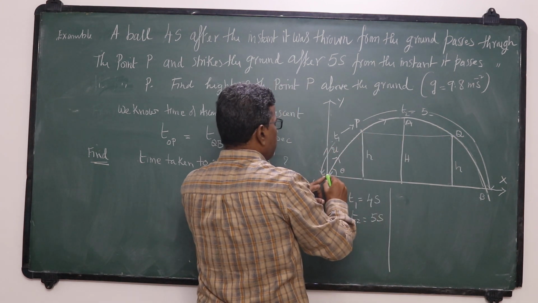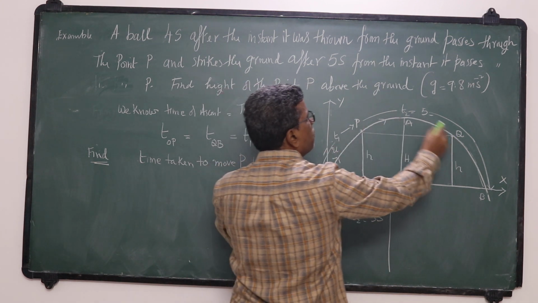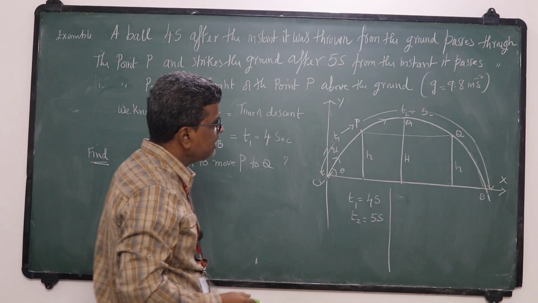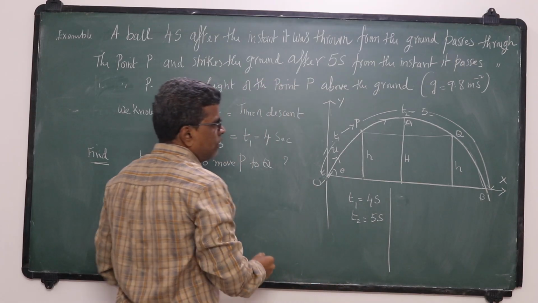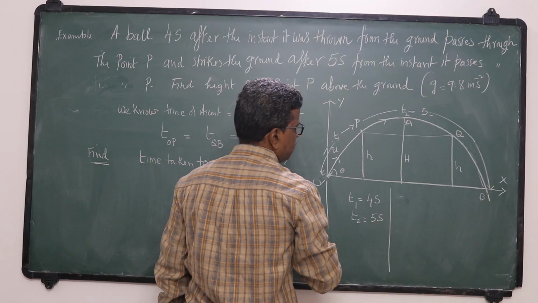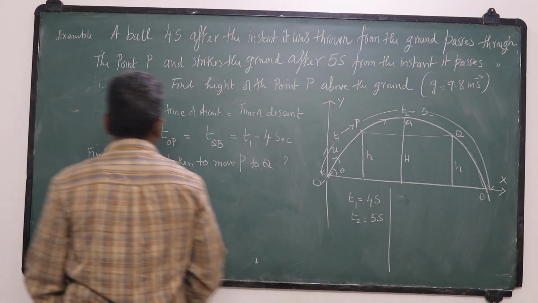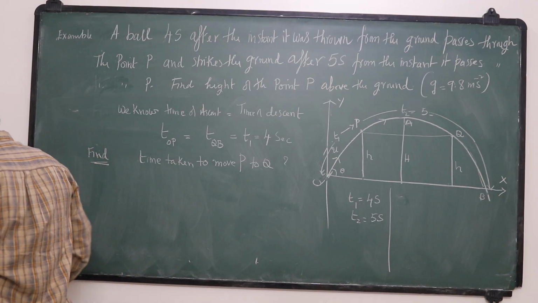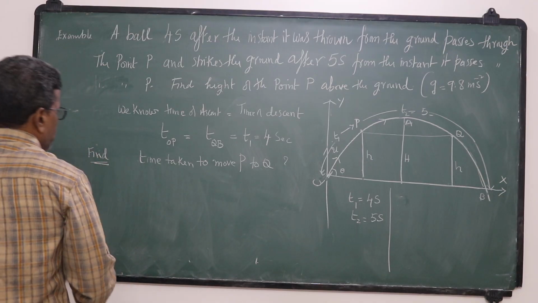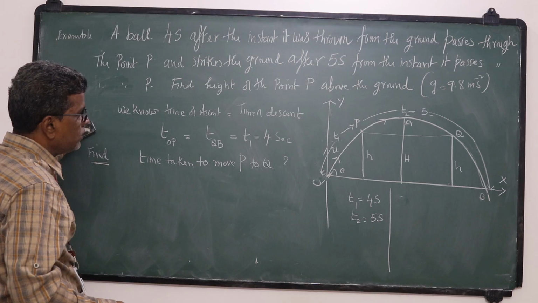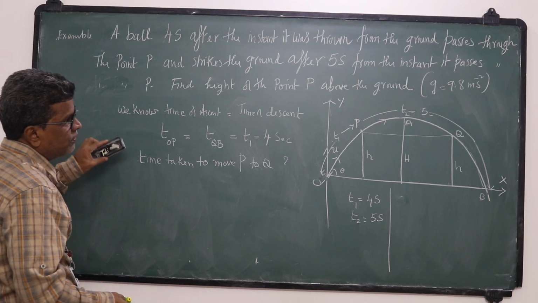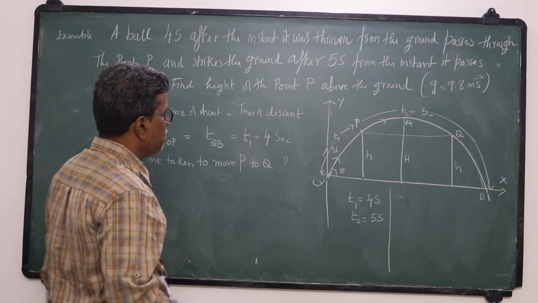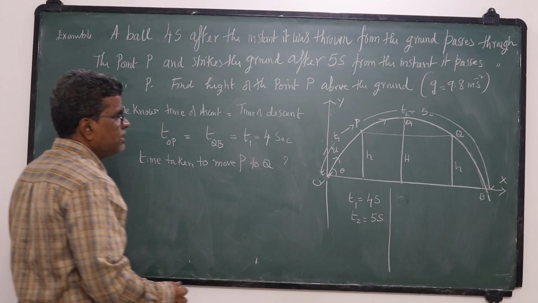So from O to Q, how much will it take? O to Q will take 5 seconds. Similarly, I will write one more point here. The time of ascent is equal to the time of descent. From O to Q, I want this time.